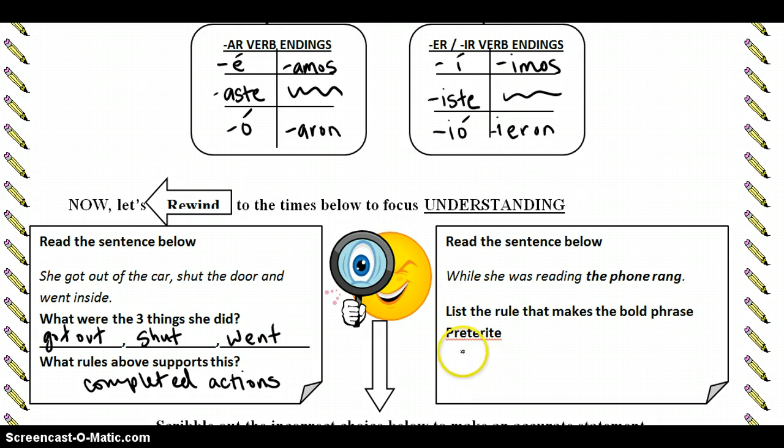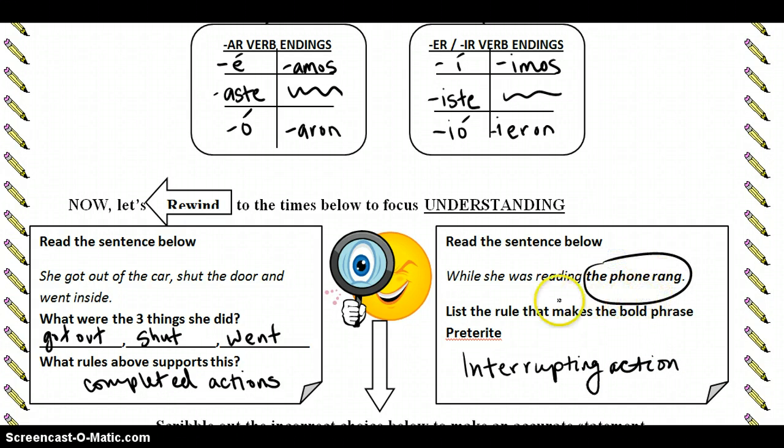It's the I in SPICY, for the interrupted or interrupting action. This being the preterite because it interrupted it. This one over here, was reading, comes from that imperfect rule that was "ing." So this shows you can actually have two in the same sentence.